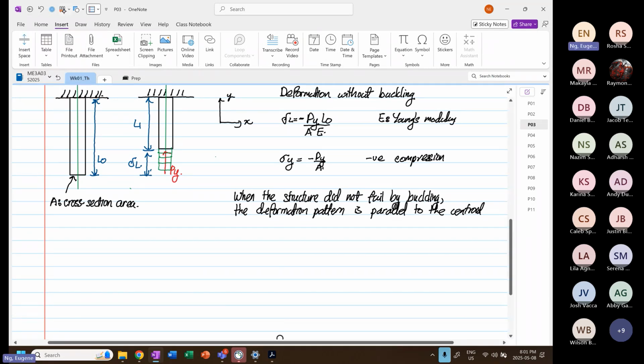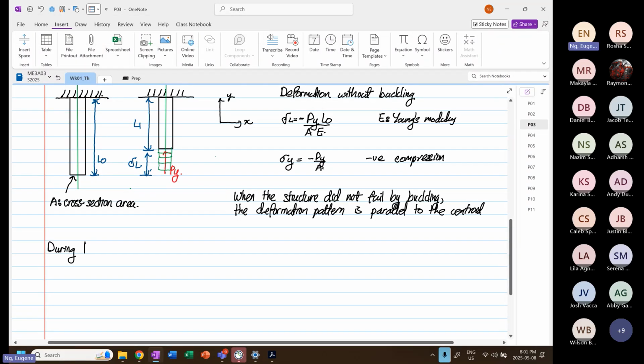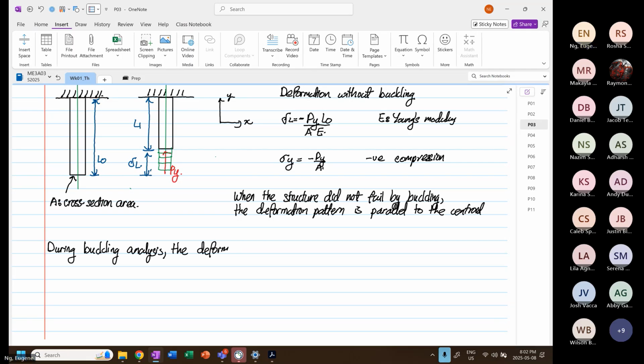Okay. So when, or during, buckling analysis, the deformation pattern is different from just under normal axial or normal compression, axial loading, okay, without buckling.